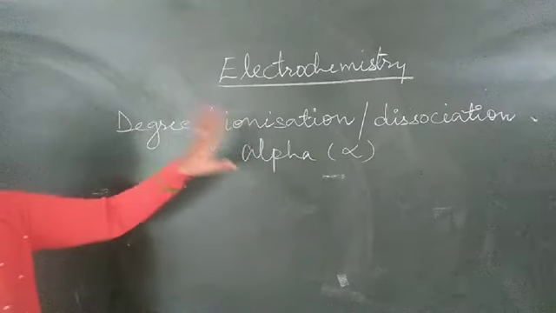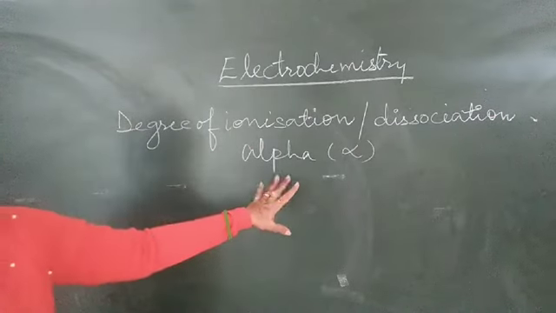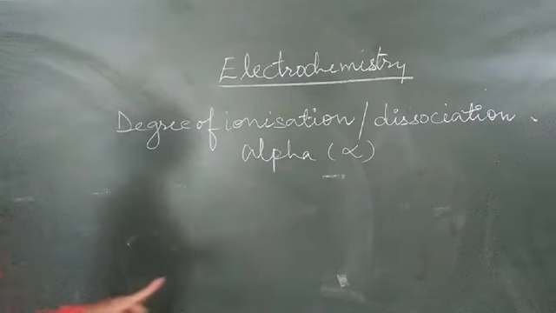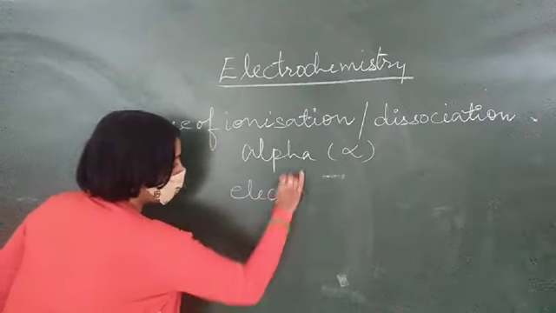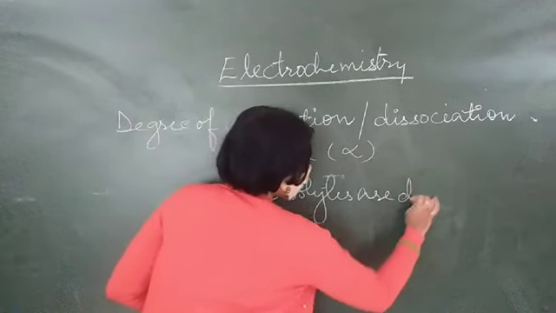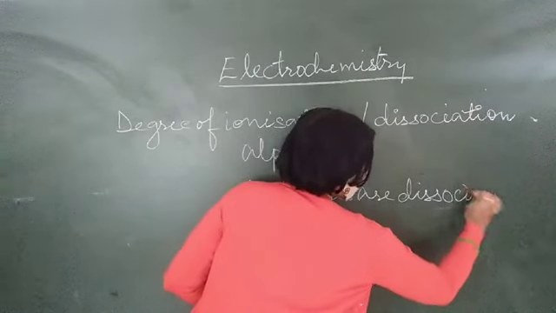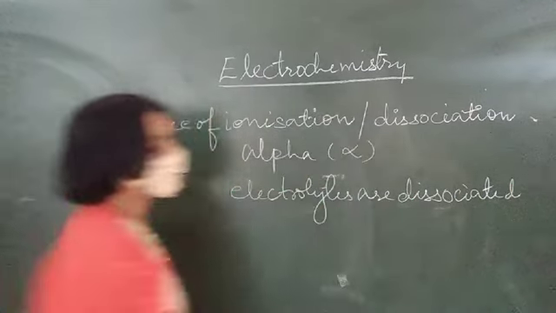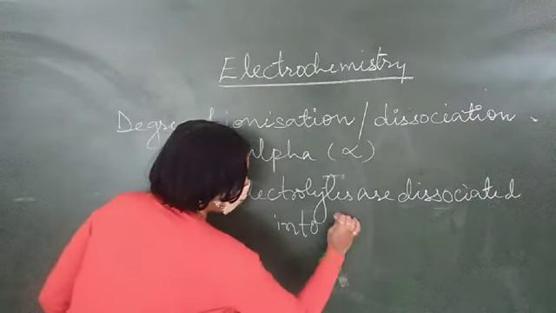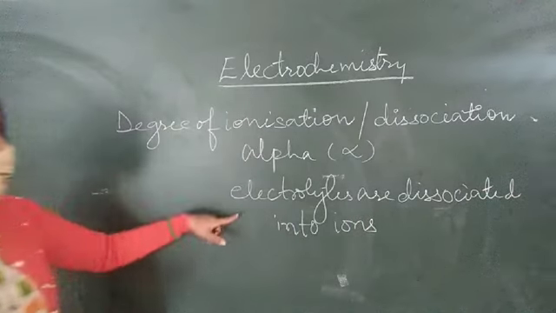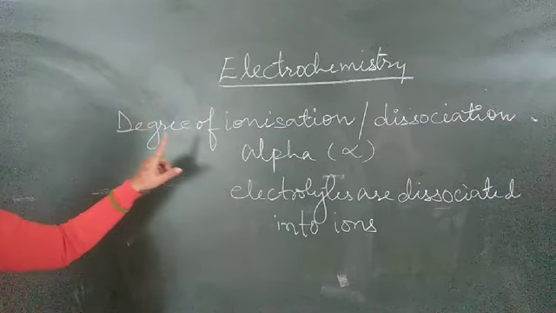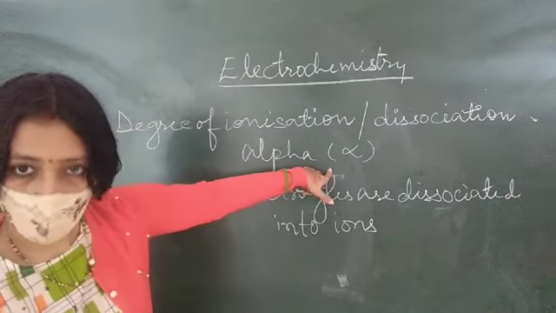So the degree of ionization is the fraction, meaning how many electrolytes are dissociated into ions. So this is the degree of ionization, and it is a fraction. It is designated by alpha.